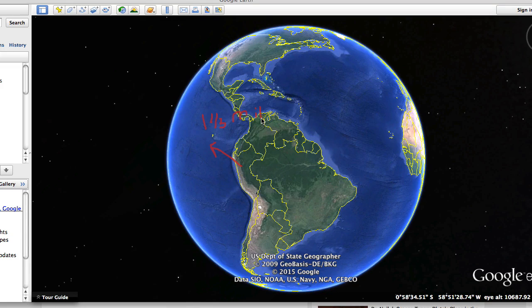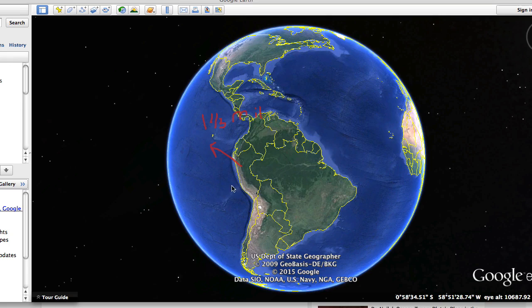I mean, that's pretty high. Just because of this supposed oblate spheroid is fat at the equator, now this is 1 1/3 mile higher.